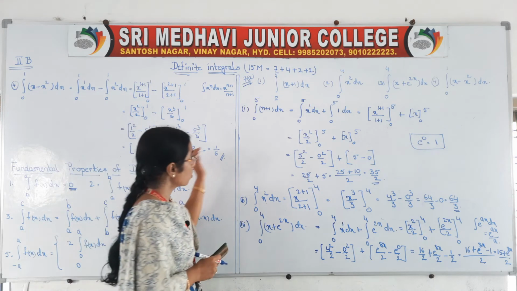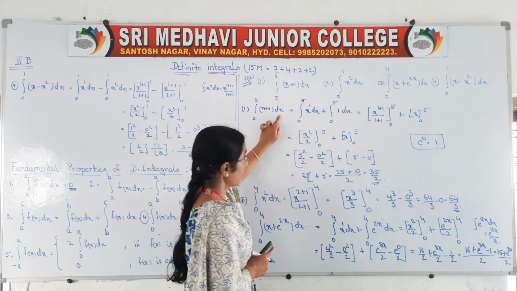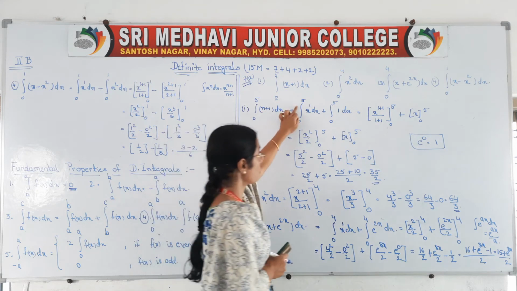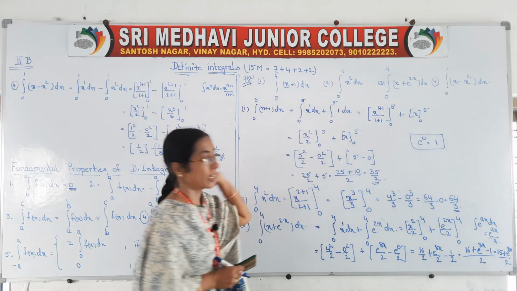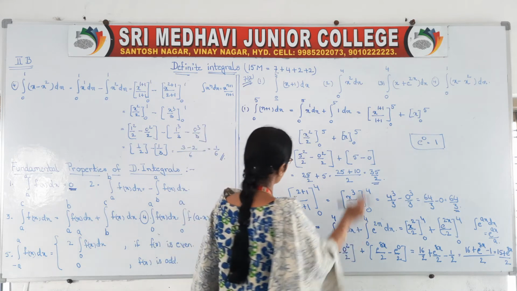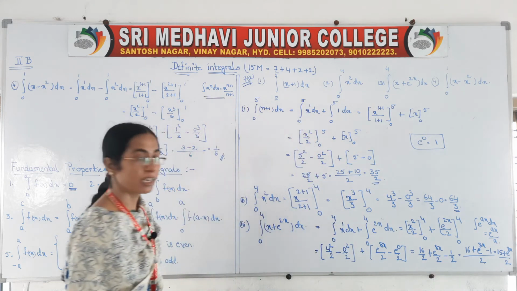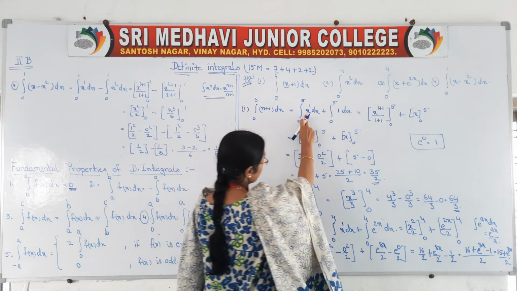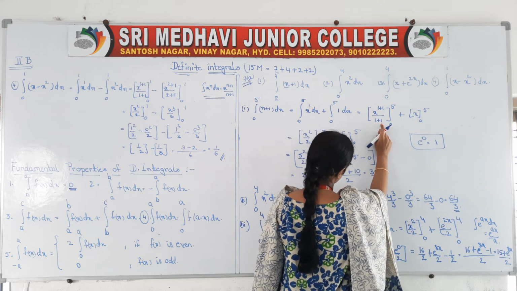Now come to the first question, integral 0 to 5 of x plus 1 into dx. So integral 0 to 5 of x to the power of 1 into dx plus integral 0 to 5 of 1 into dx. Which form is it? Integral of x to the power of n, the most repeated formula in integrals, as I said. So in that form we will take x to the power of n plus 1 by n plus 1.